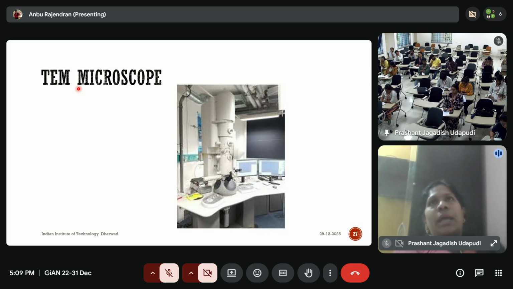By using ions, you can mill the surface of the sample. From that you can extract a very thin filament, called a lamella. That is one way for the analysis, but it is very costly because you are using ion beams for milling out or cutting out the sample from the bulk material.